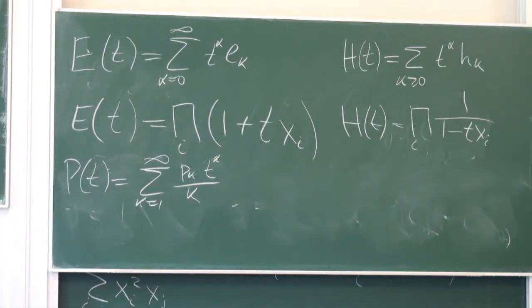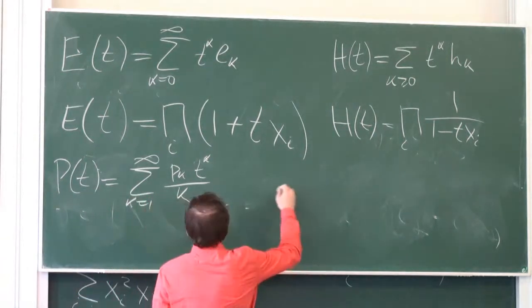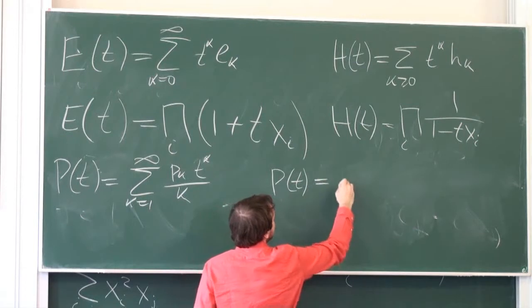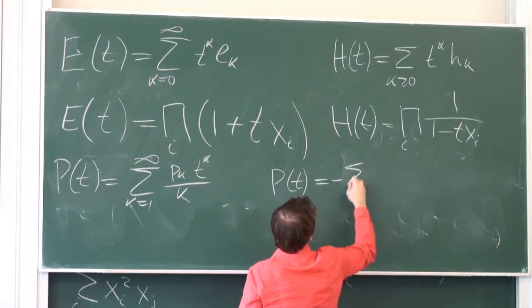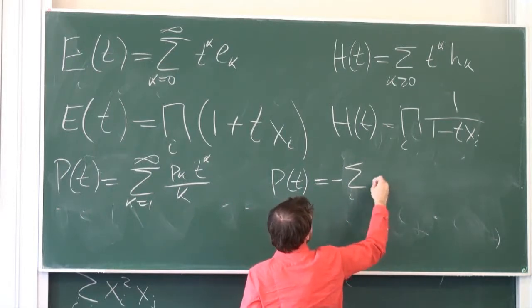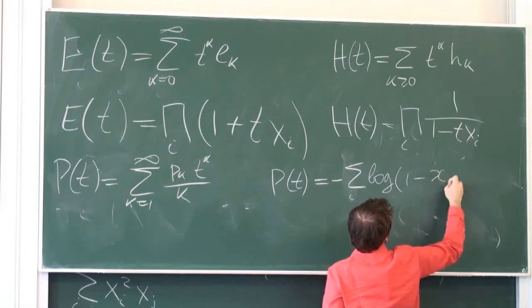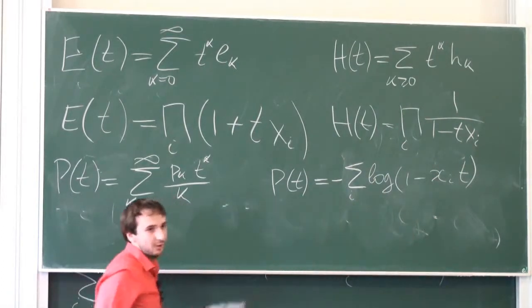And again, this generating function has a simple formula: P of t is minus the sum over all i of logarithm of 1 minus xi t. So how to prove this formula?